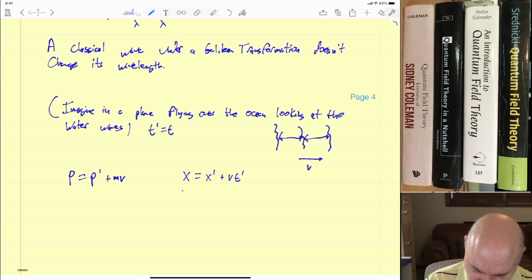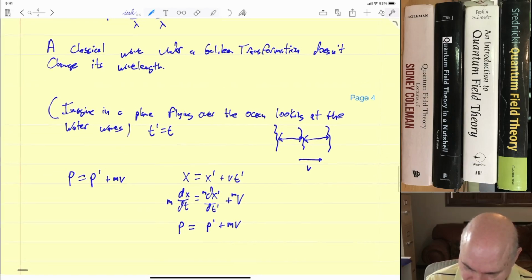So take a derivative. Remember, t is equal to t prime, so it doesn't matter which one we use. dx/dt is dx prime/dt prime plus v. Now we multiply by m. So we end up getting that P is equal to P prime plus mv.